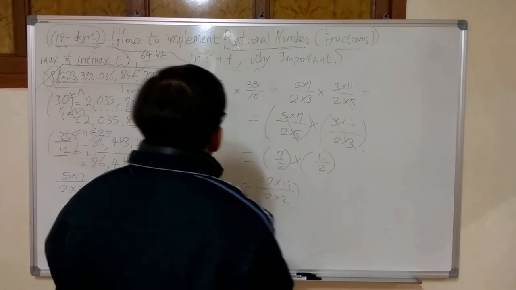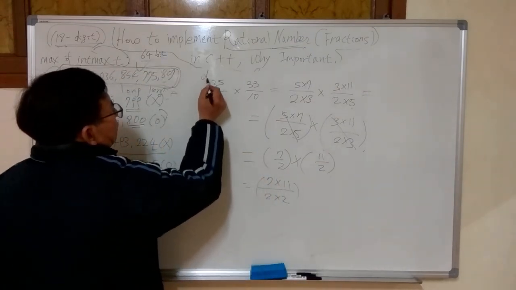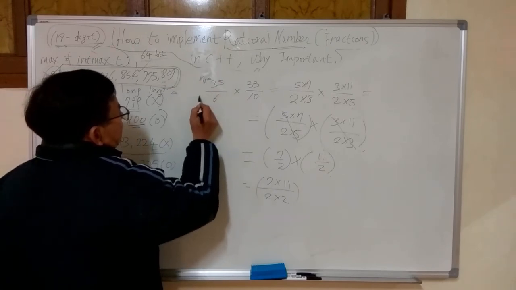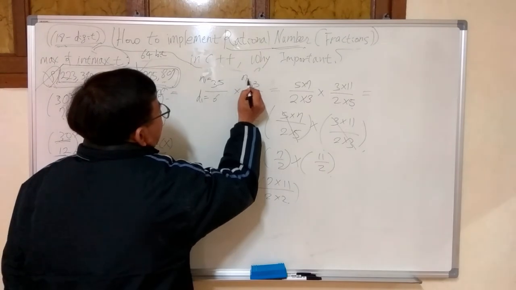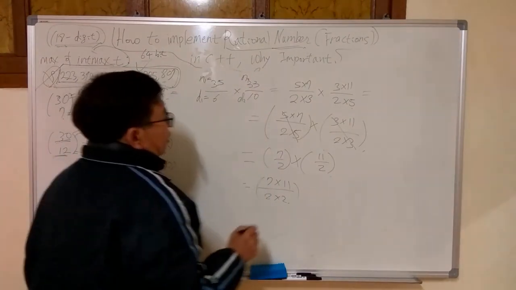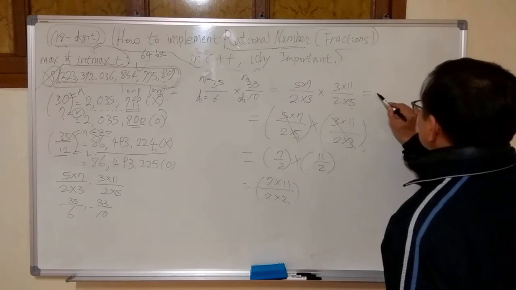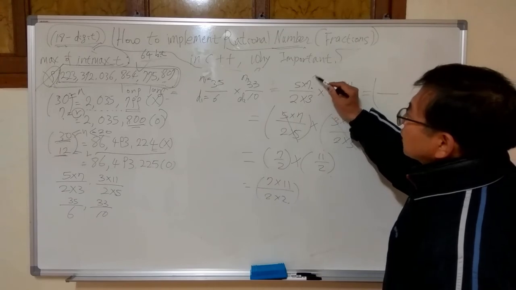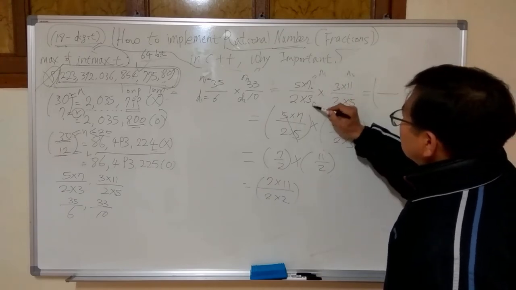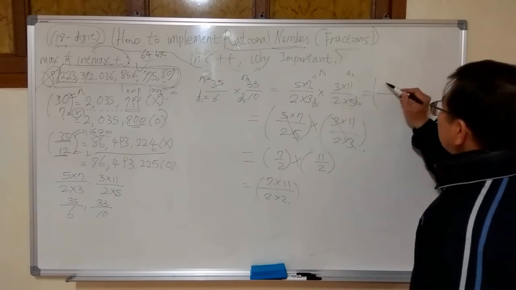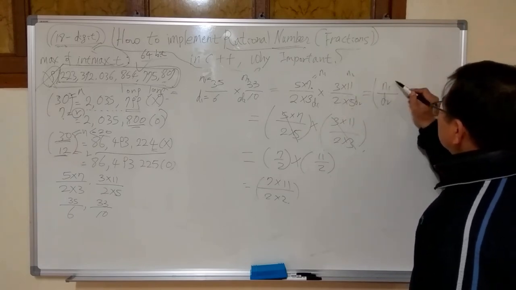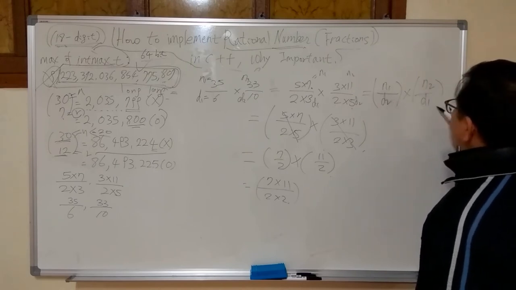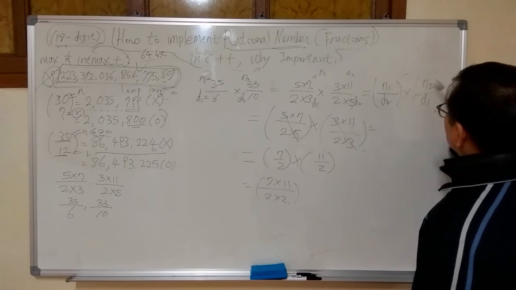In code, this is N1 over D1, and this is N2 over D2. Then here it becomes N1, D2 times N2, D1. Then we reduce like this.